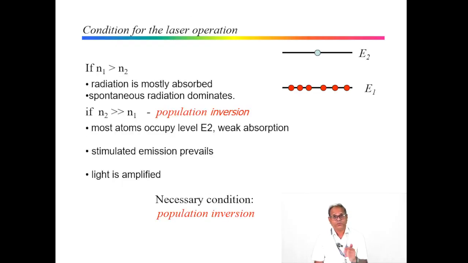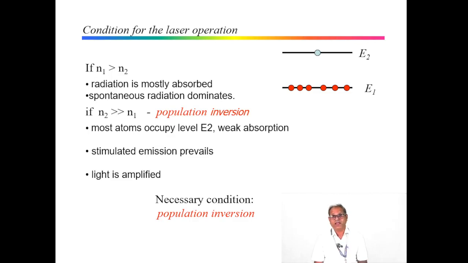So, most important is that when we go for the condition of laser action or laser radiation, if you are having N1, N1 is nothing but the number of atoms in the E1 state. E1 state is shown in the red color, that we can say the number of atoms at the ground state, that is at the lower energy state, and N2 represents the number of atoms in the higher energy state, that is the excited state, that is the E2 state.